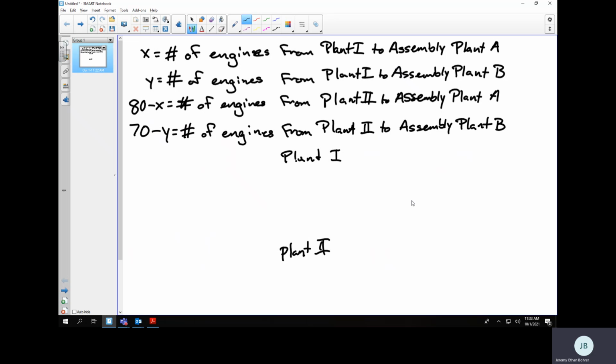Let's call this assembly plant A, and over here we've got assembly plant B. And we know that this is X, this is 80 minus X, this is Y, and this is 70 minus Y. So we can move on from here.